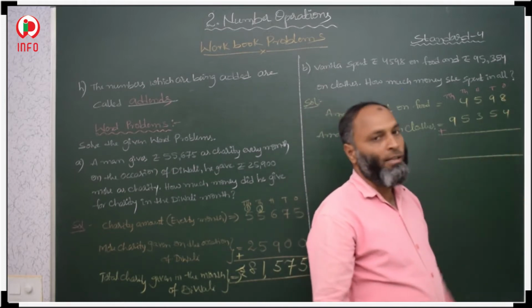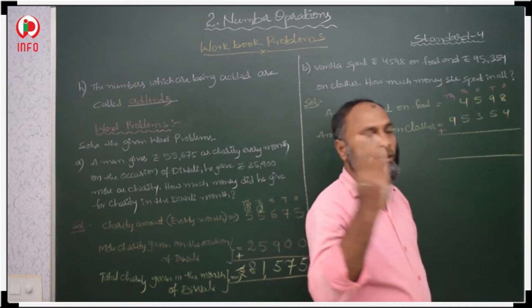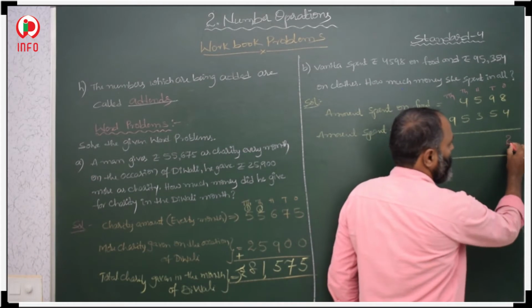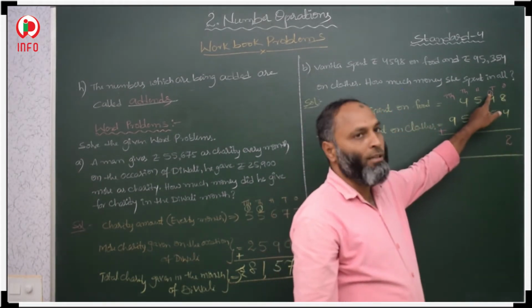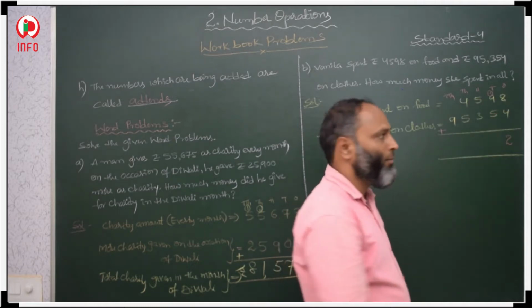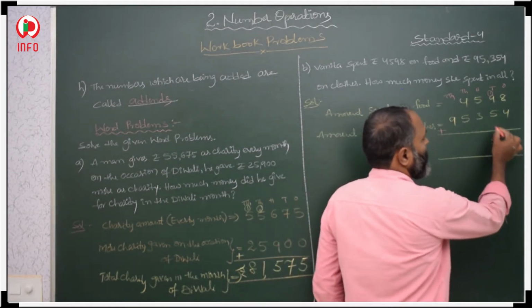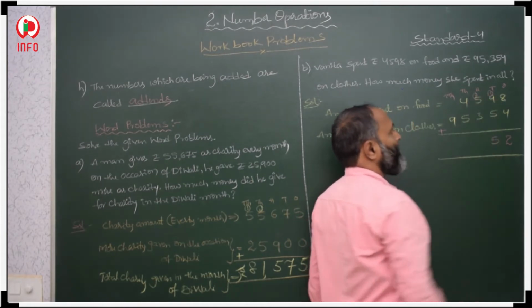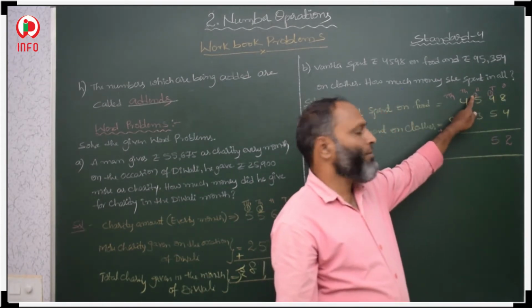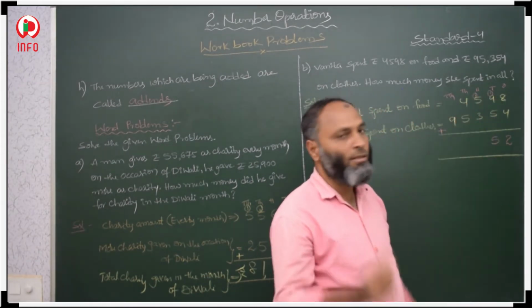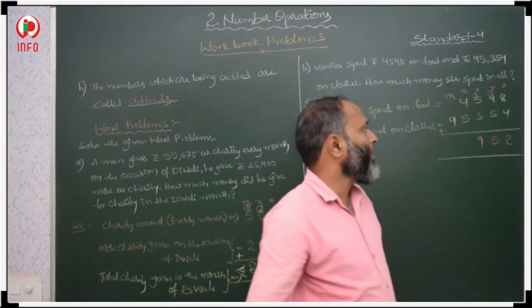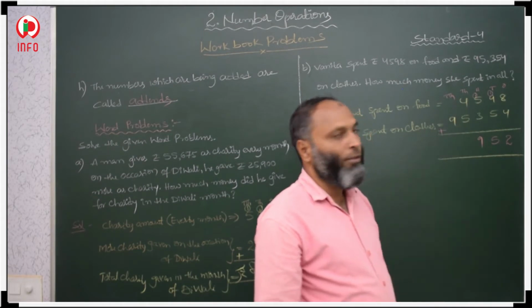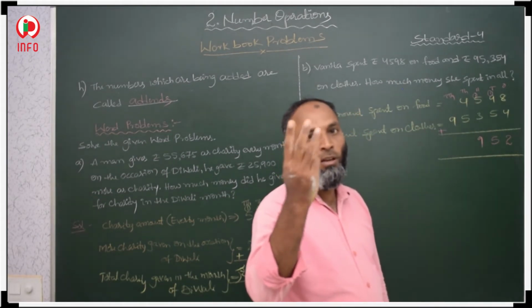8 plus 4: 8, 9, 10, 11, 12. 12 means 2 ones and 1 ten. 9 plus 1, 10. 10 plus 5, 15. 15 means 5 tens, 1 hundred. 5 plus 1, 6. 6 plus 3, 7, 8, 9. 9 is a single digit number, no need to carry. 4 plus 5: 4, 5, 6, 7, 8, 9.